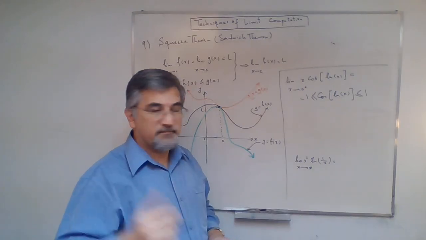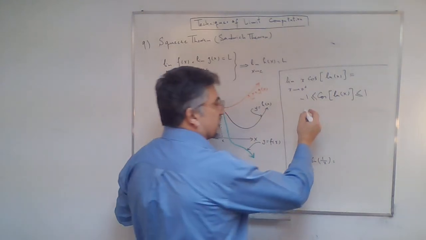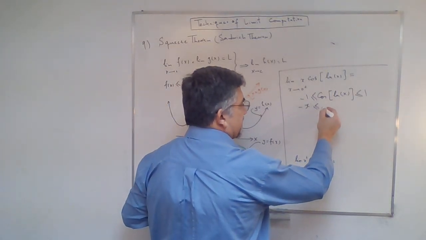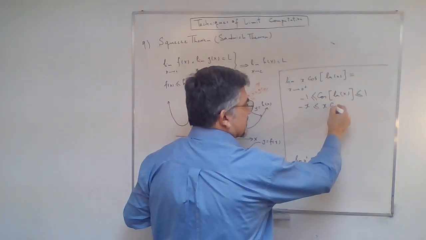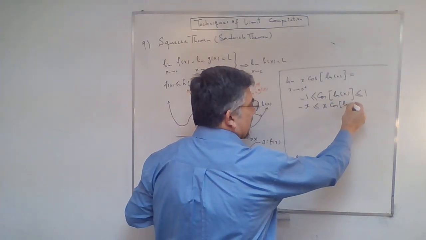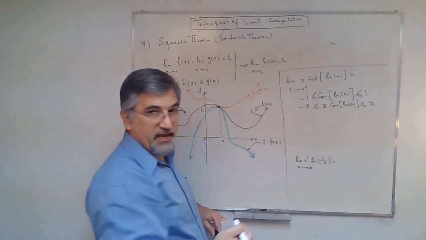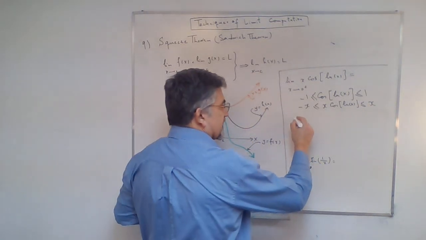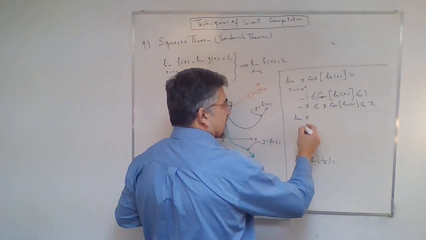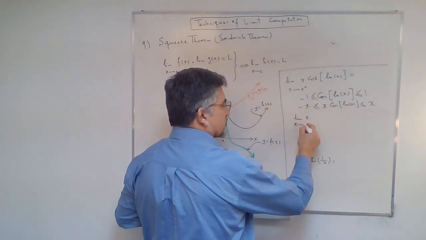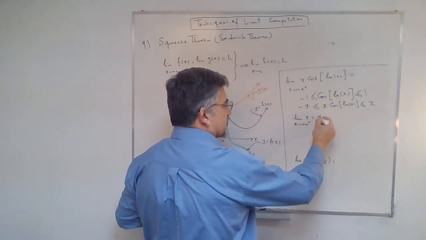Sine and cosine functions always fluctuate between 1 and -1, obviously. Now, if you multiply all three sides by x, you get -x less than or equal to x times cosine of ln of x less than or equal to x. And it's needless to say that the limit of x when x approaches 0 from the right side is equal to 0.